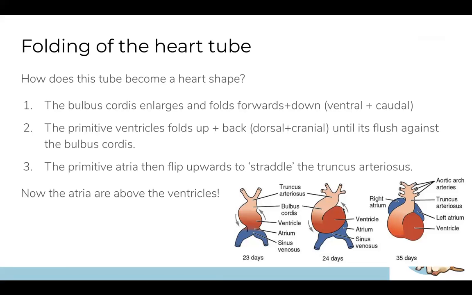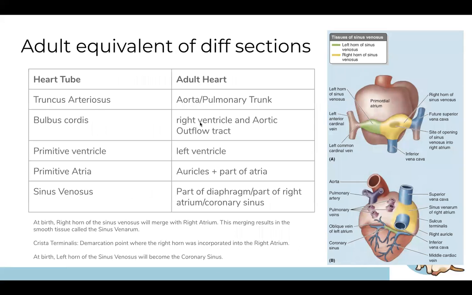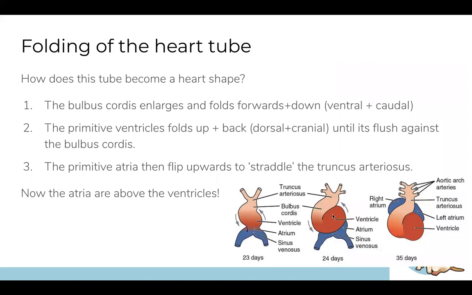And your atria are more part of, let's see, I can't remember. Your primitive atria make up part of the atria, but a lot of your atria are made by all the other sections coming together. Which is why your auricles, as we mentioned, have different muscle types to your atria, because they come from the primitive atrium, but your actual atria come from somewhere else, which is why they are structurally different.